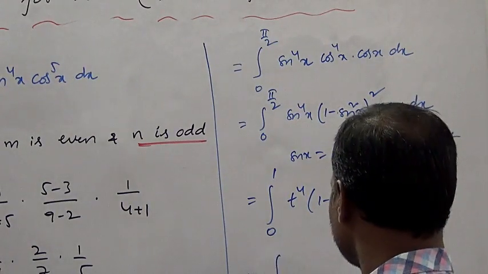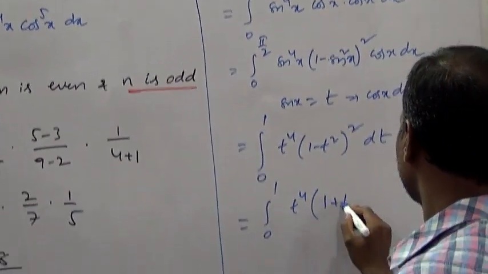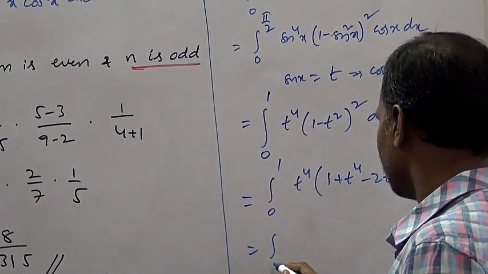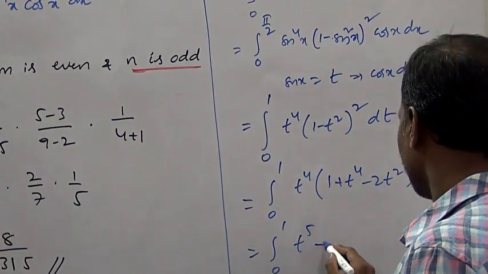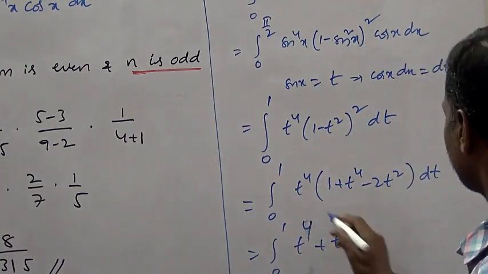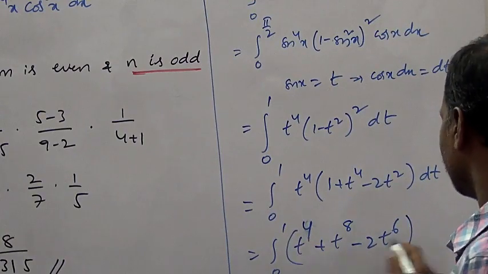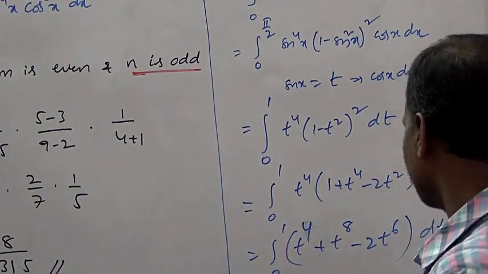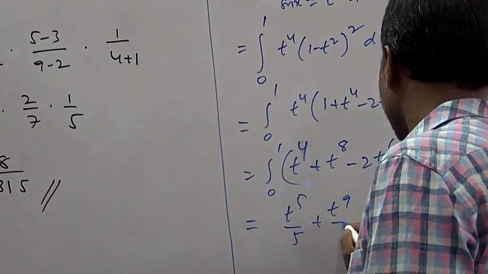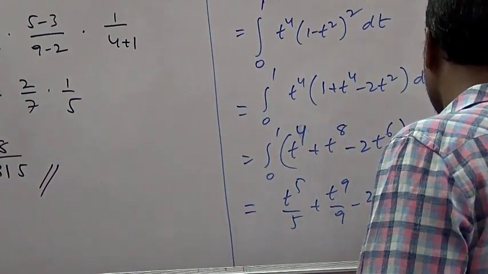Now this is the integral from 0 to 1 of t power 4 into 1 plus t power 4 minus 2t square dt. So this equals the integral from 0 to 1 of t power 4 plus t power 8 minus 2 t power 6 dt, that is, t power 5 by 5 plus t power 9 by 9 minus 2 into t power 7 by 7, from 0 to 1.